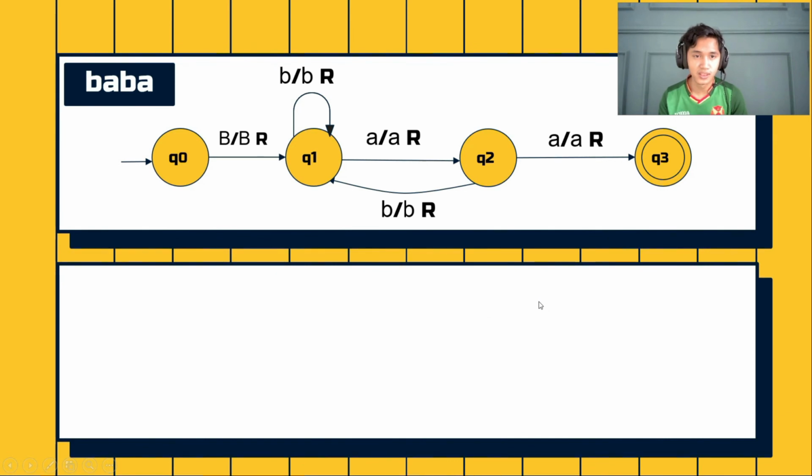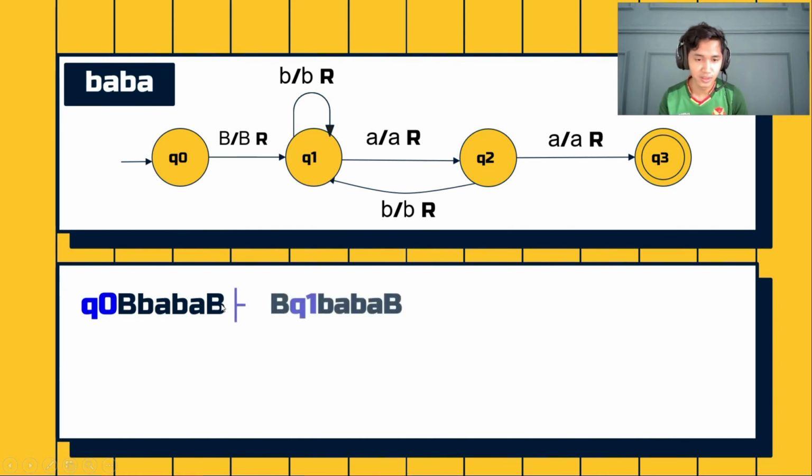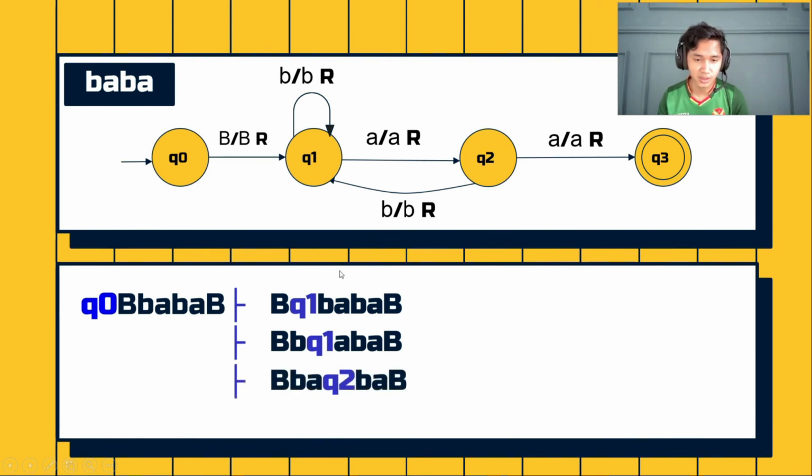So let's go to the second example with string BA. We initialize with Q0 and put the blank between our input BA. So let's go to the second. Q0 will read blank and go to Q1, and then Q1 will read B and go to loop. The next input is A, so then we'll go to Q2.